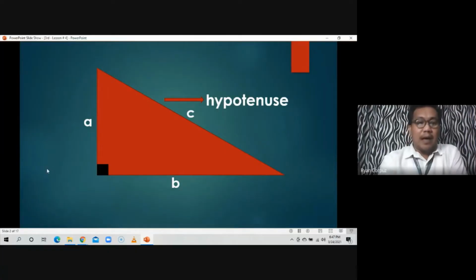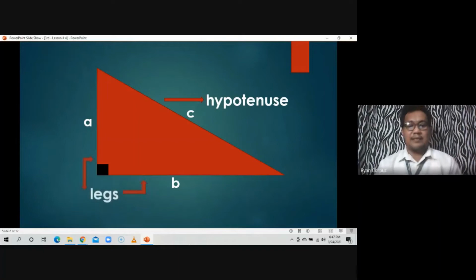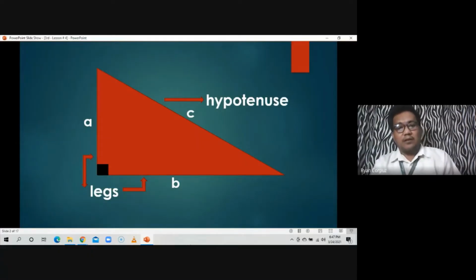While the other two sides there in a right triangle, we call that as the legs of a triangle. Pwede kang maging specific na pwede mong sabihin na one is the shorter leg while the other one is the longer leg. But basically, they are just the legs of that right triangle together with the hypotenuse as the longest side of that right triangle.